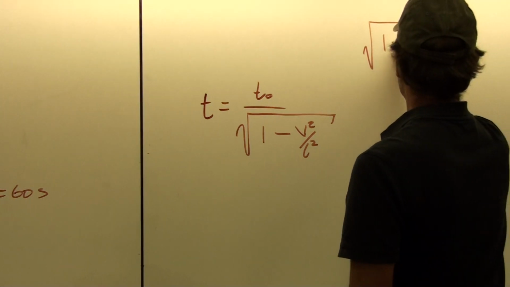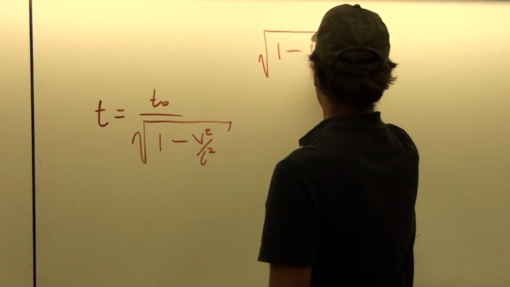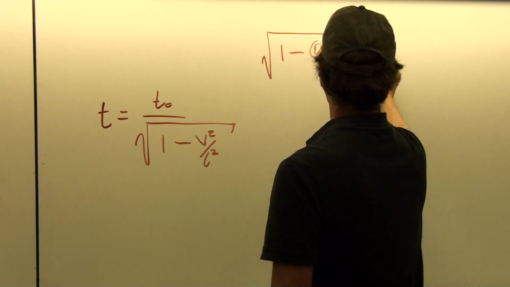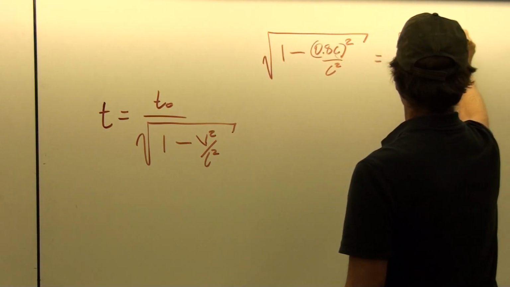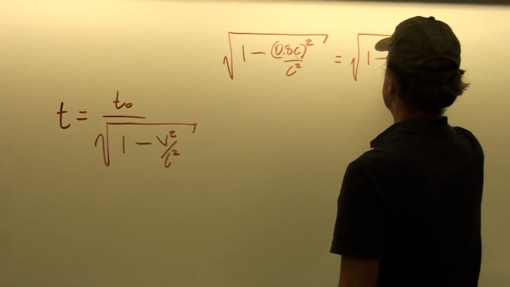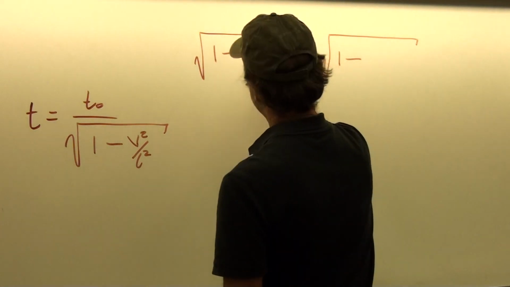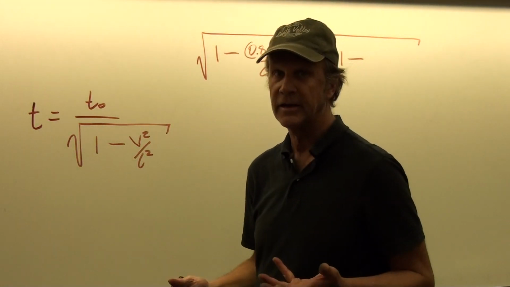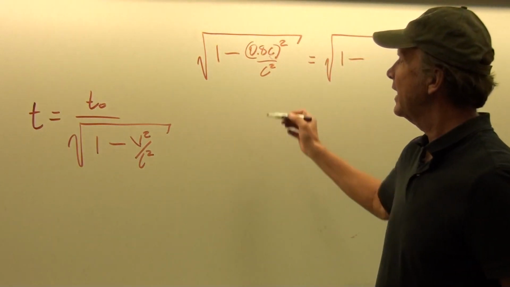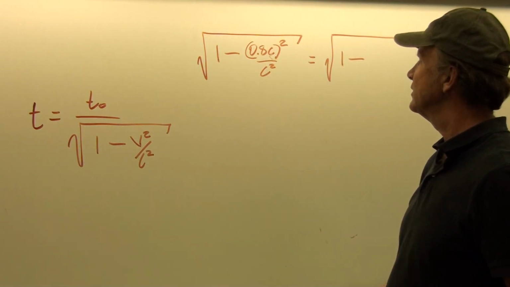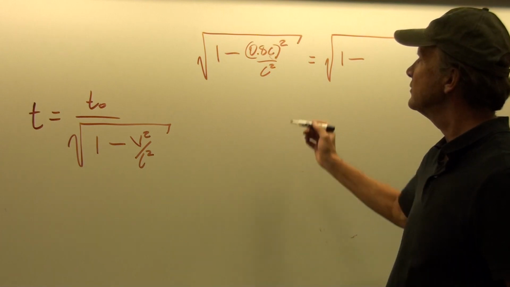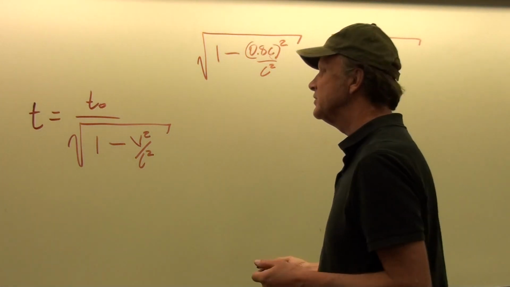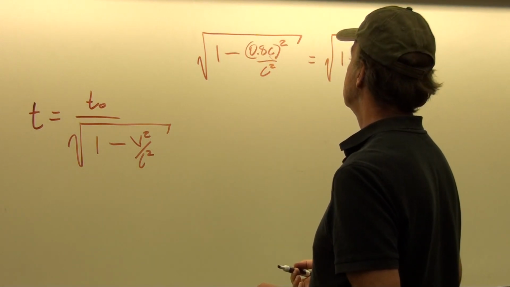Square root of 1 minus 0.8c squared over c squared. Now here you could put in the 3 times 10 to the 8 meters per second for c, but a lot of times in these expressions, if you just leave it in terms of c, then the c squareds are going to cancel. It makes your numbers so much easier to work through.